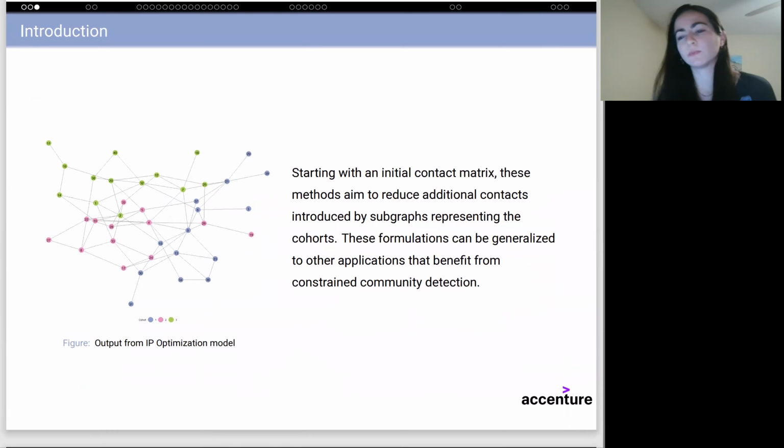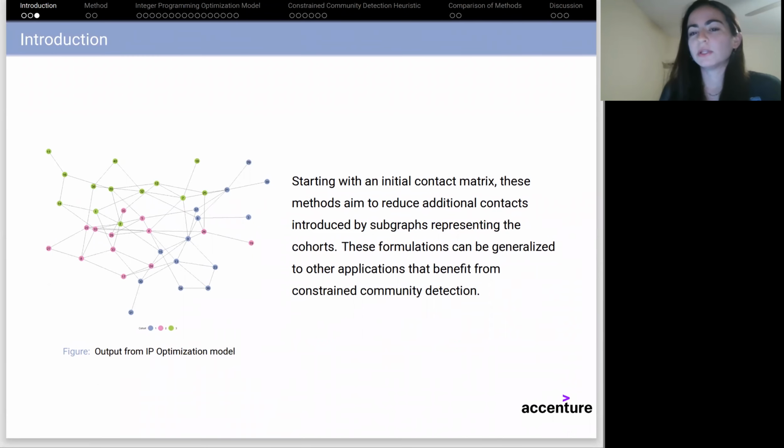So to address this objective, we start with an initial contact matrix, and what we're trying to accomplish is reduce the amount of extra edges that are introduced when we make cohorts.